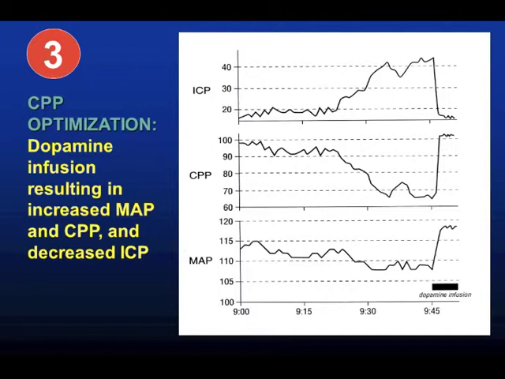We see the ICP climb up to 40 millimeters of mercury, and we see a mirror image reduction in the CPP, and we say, aha, this is a plateau wave. So what I do is I make up a dopamine infusion, and we start a dopamine infusion. We get the mean arterial pressure up, we get the CPP back up to a higher level, and bang, the ICP drops like a stone.